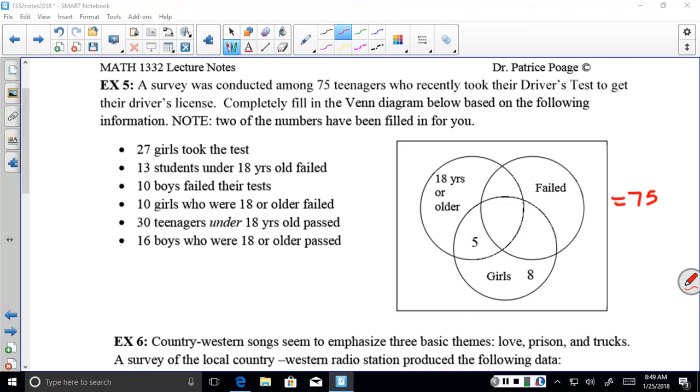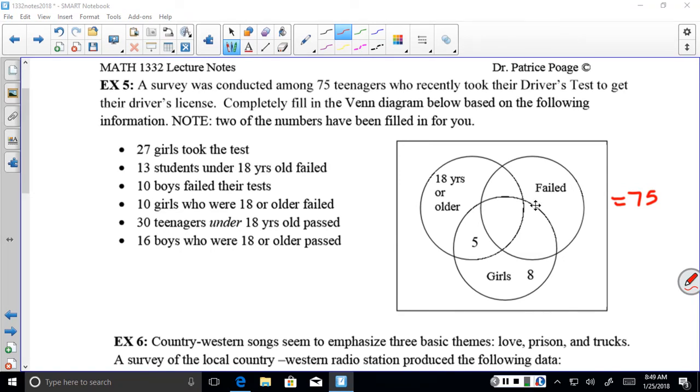Okay. Who are these 8 people? Girls who passed, who are under 18. Okay. It says 27 girls took the test, so the whole girl circle will add to 27. Can't do that yet. And read these very slowly. 13 students under 18 years. Stop right there.